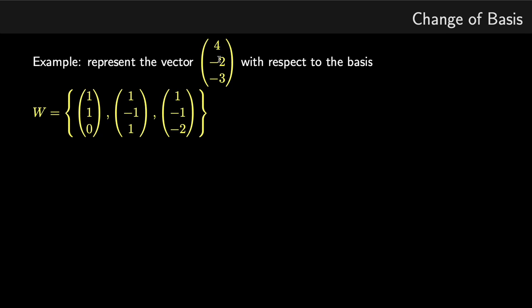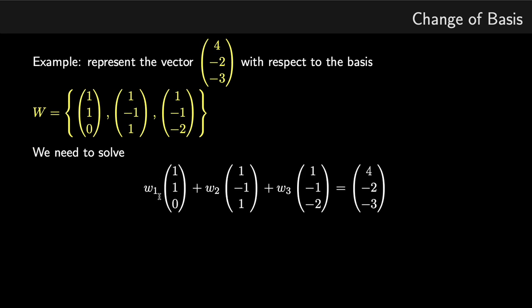So here we've got the vector (4, -2, 3). I want to represent this vector with respect to this basis W. So what I need to solve is: what am I multiplying the first basis vector by, i.e. W1, plus W2, which I'm multiplying the second basis vector by, and similar for the third.